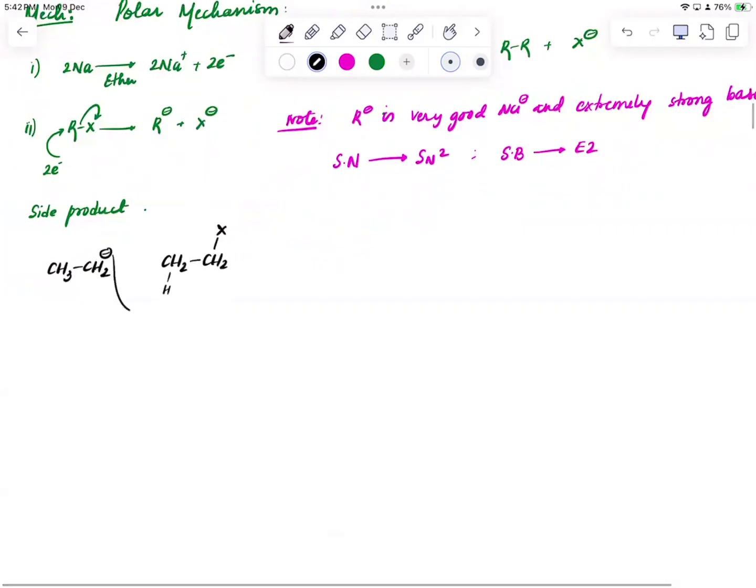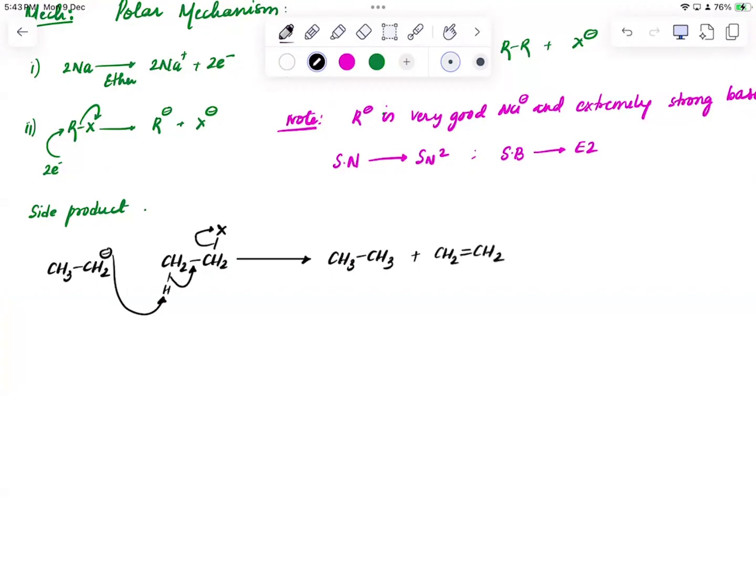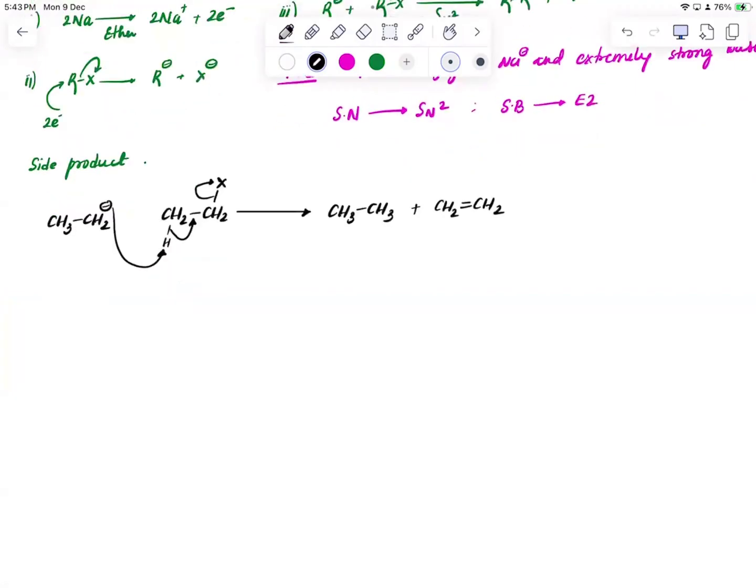Then chances are this minus will take away this H plus, push this sigma bond to make a double bond, remove this halogen, and thereby I would get CH3CH3 plus CH2=CH2. So what we are doing is converting an anion into an alkane as well as an alkene.